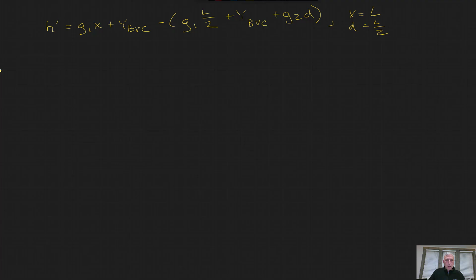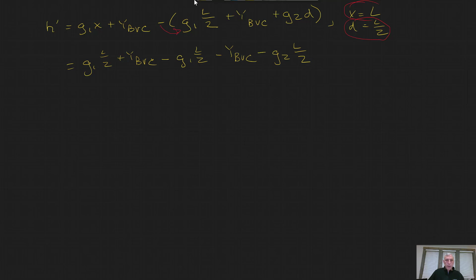Okay, so if we clean that up, we get g1 L over 2 plus y BVC minus, I'm going to distribute that minus in, so minus g1 L over 2 minus y BVC, minus g2 L over 2. So I substituted these values, distributed in the negative, and this is what I ended up with.